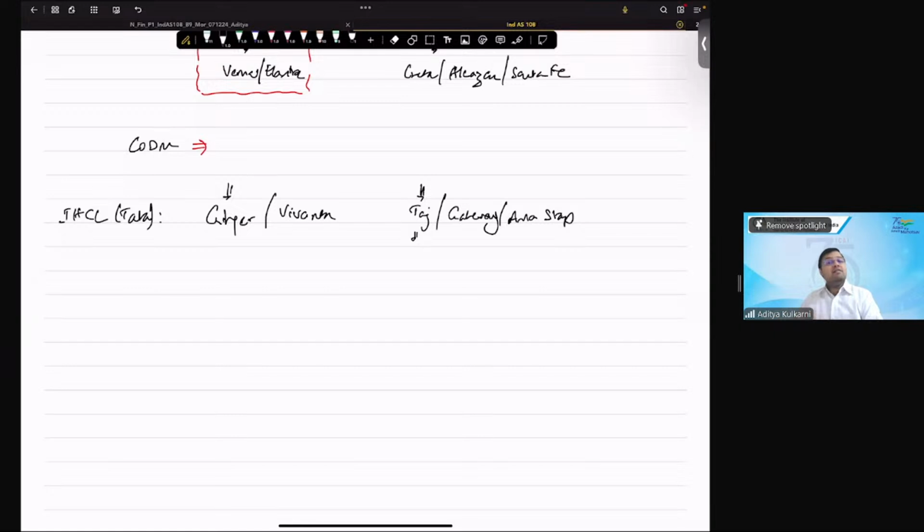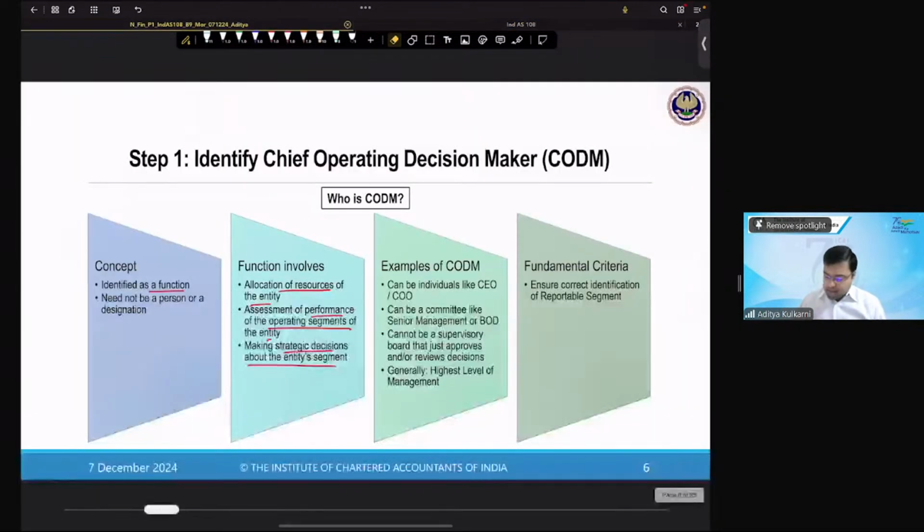You will not find a Vivanta in Maldives because a business traveler will not go and sit in the Maldives generally. Okay. A business traveler will prefer a city hotel. So your strategies are completely different. And therefore, this is definitely not a finance officer's job. But what is important is making strategic decisions about the entity segment. That is your objective. That is what you are looking at.